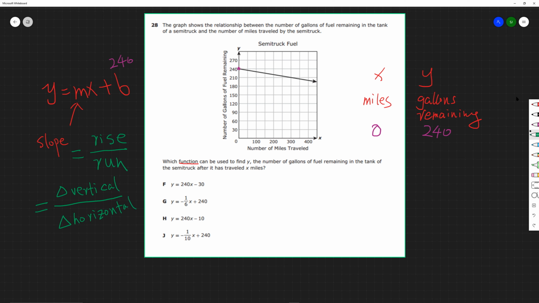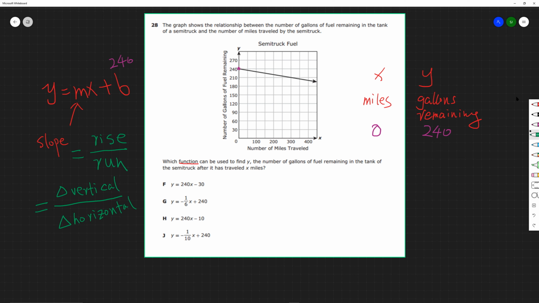So we need 2 points to determine the slope of this line. There are numerous points on this line, so normally we pick 2 points where it's easier to determine the vertical difference and the horizontal difference.